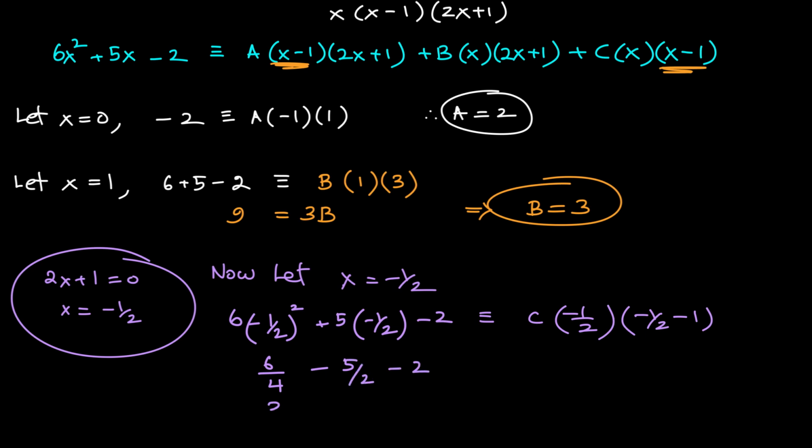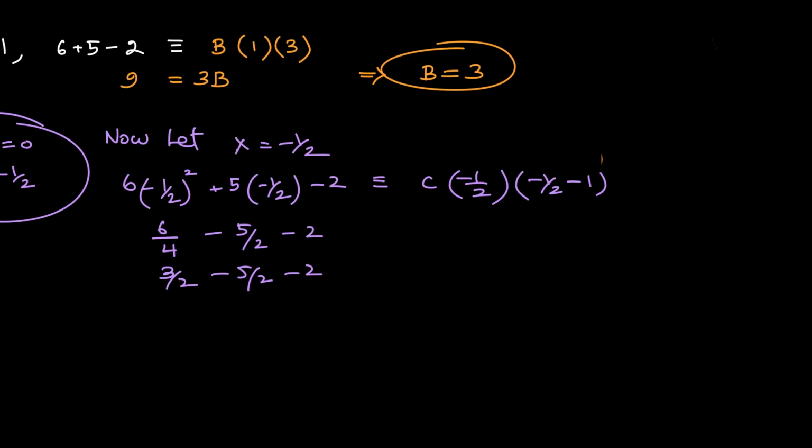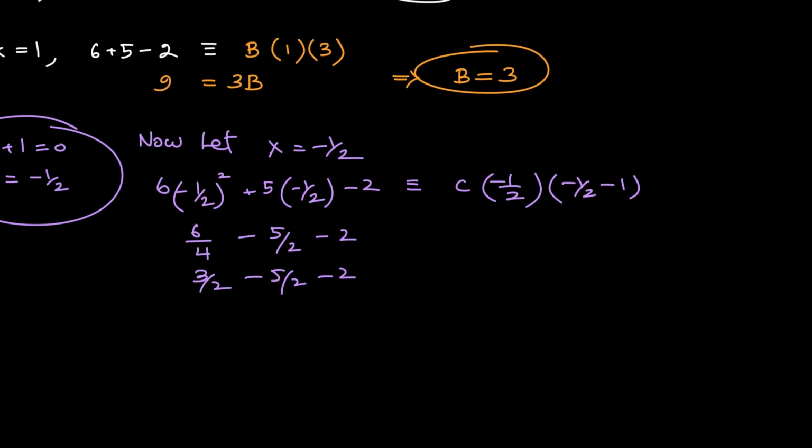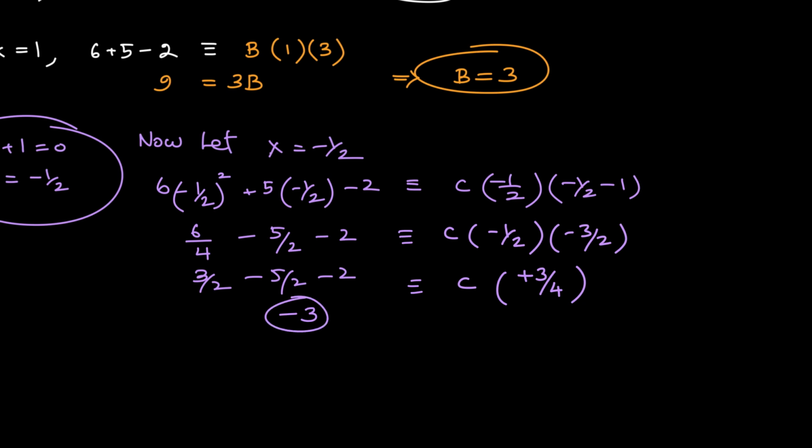Let me simplify this. 3 over 2 minus 5 over 2 minus 2. So that becomes negative 1, negative 2, that is negative 3. So this is negative 3. And over here, this is c into negative half, negative 3 over 2. That is c multiplied with positive 3 over 4. So this is negative 3, this is positive 3 over 4, therefore c comes out to be negative 4.